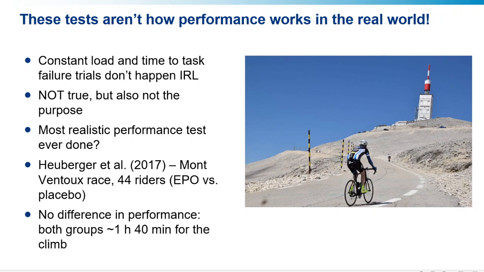And really interestingly, they found no difference in performance between EPO and the placebo condition. So both achieved the race time of about an hour and 40 minutes on average, and there was no statistically significant difference between them. So the conclusion there is EPO does not affect cycling performance.